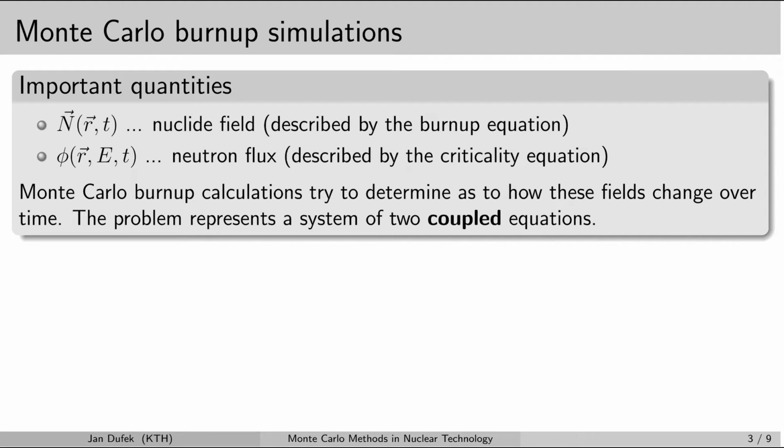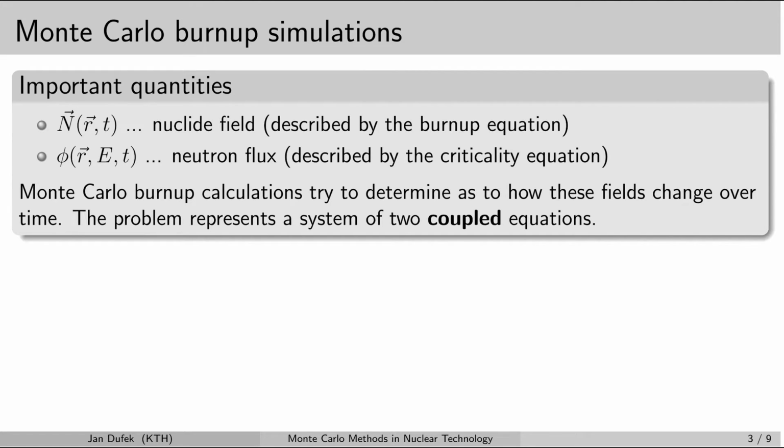Now, in order to build up a foundation for the Monte Carlo burnup simulations, let me introduce two quantities: the nuclide field and the neutron flux. All these quantities are dependent on the position in the system and time. The neutron flux is also dependent on the energy.